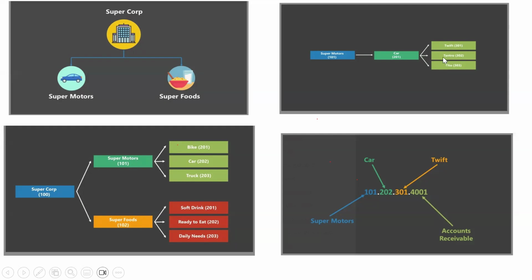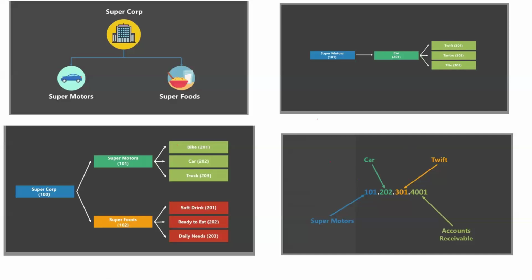So if you are buying some product, like, what is the model? 301 is Swift. So the accounting string will be created like this: 101, 202, 301, 4001. What does that mean? We have some sales activity for Super Motors, that is 101. This is not food related; this is related to motors.